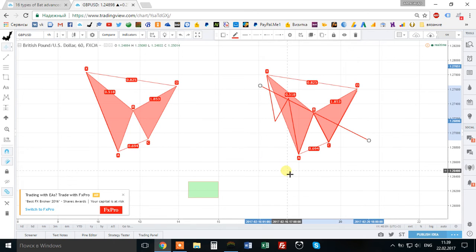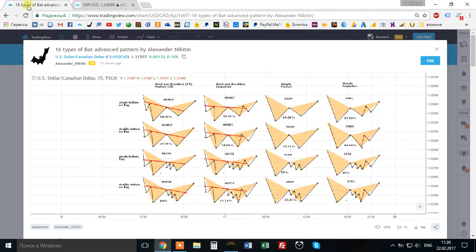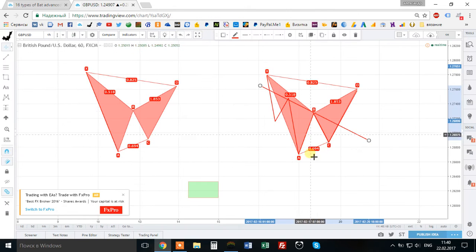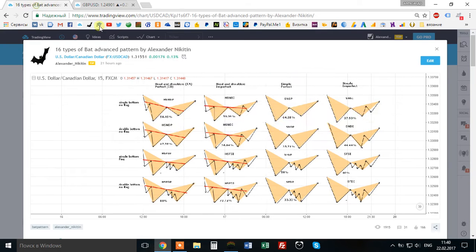Then I came to test patterns having that XA, and you can see some of them are good, some of them are not good. No pattern here. Some of them extremely good. So it doesn't depend on that XA leg. Sometimes it's working even better when we have a straight leg.